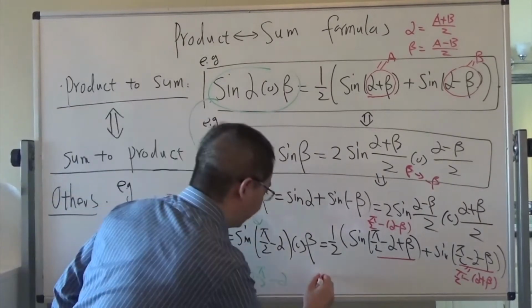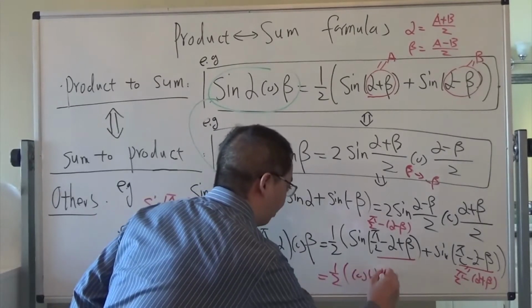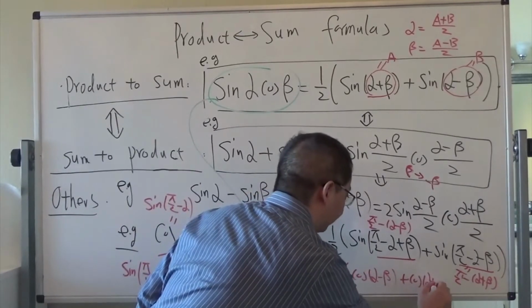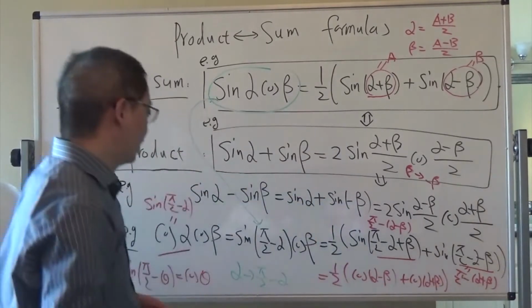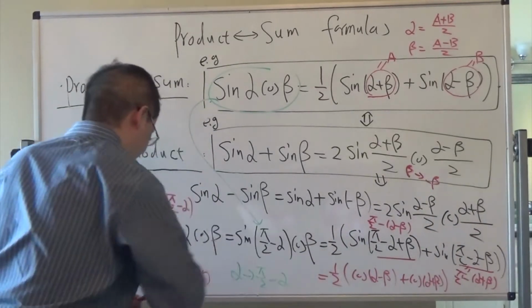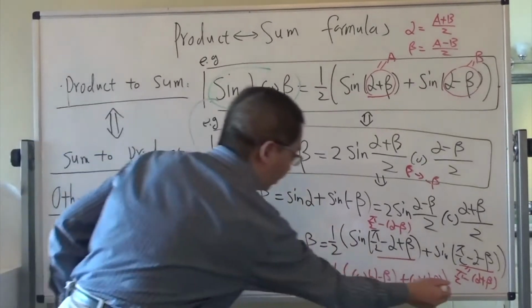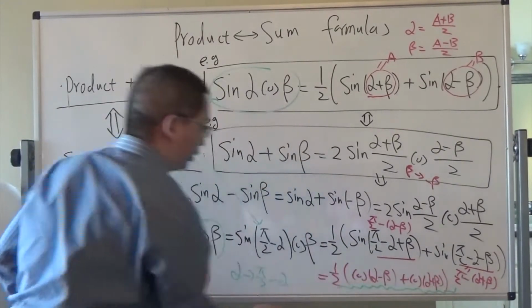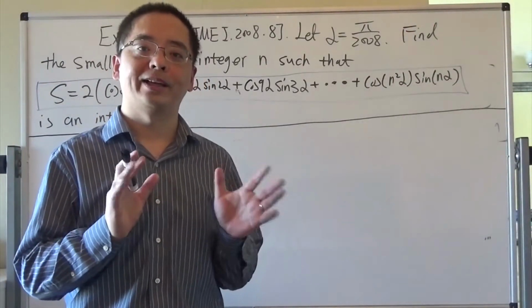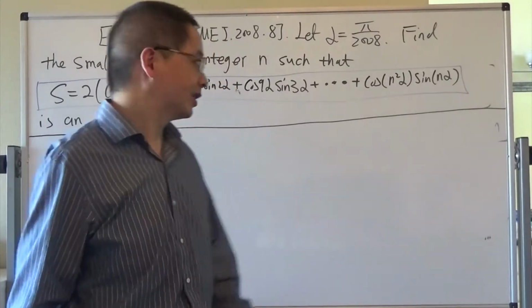So here we get 1/2 times (cosine(alpha minus beta) plus cosine(alpha plus beta)). So this is another product to sum formula.